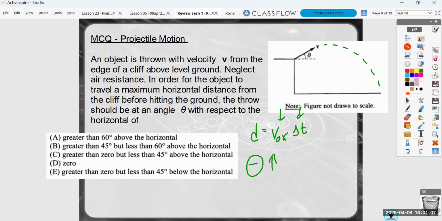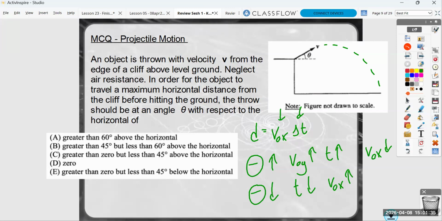More time, because it increases your initial y velocity, which gets you more time. But the downside is if you increase your angle, what else happens? It decreases your x velocity, right? Conversely, if you lower your angle, you get less time, but your x velocity goes up.